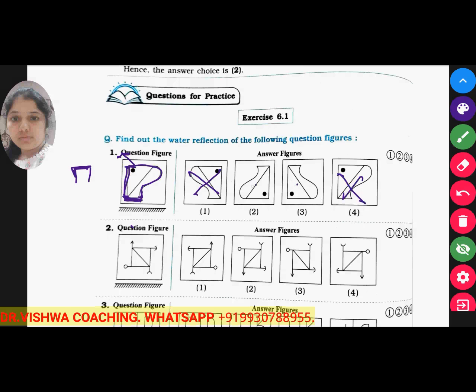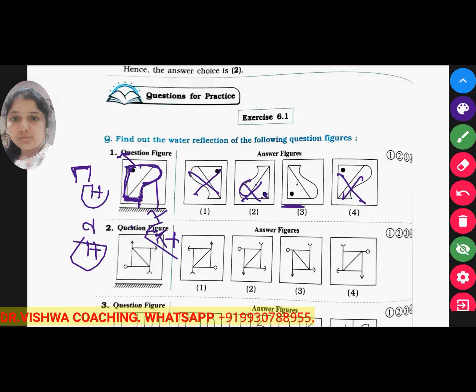Now in these two, which is your answer? In water images, whatever is in the left side remains in the left side only, and whatever is in the right side remains in the right side only. This dome will remain in the right side and this dot will remain in the left side. In this figure the dome goes to the left and the dot comes to the right, so this is wrong. Your correct answer is option number 3.